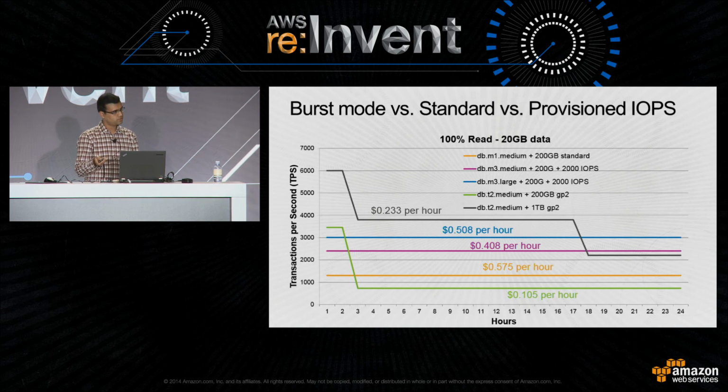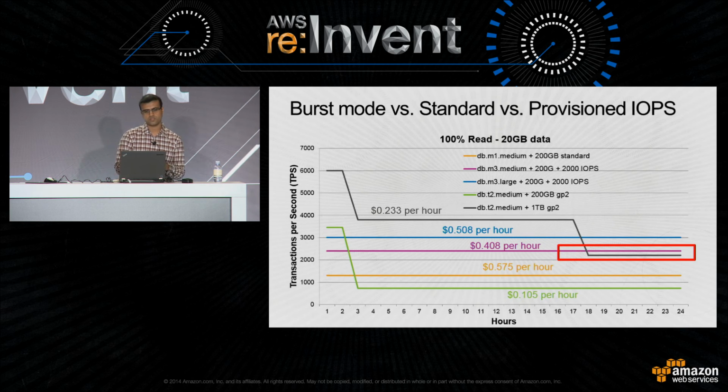And then the credits get exhausted, and it gets to a baseline performance. However, the interesting thing to note here is the baseline performance is still better than a lot of other options. It is close to the highest spec options that we have looked at, and it still costs you significantly less. So 23 cents versus 51 or 41 cents.